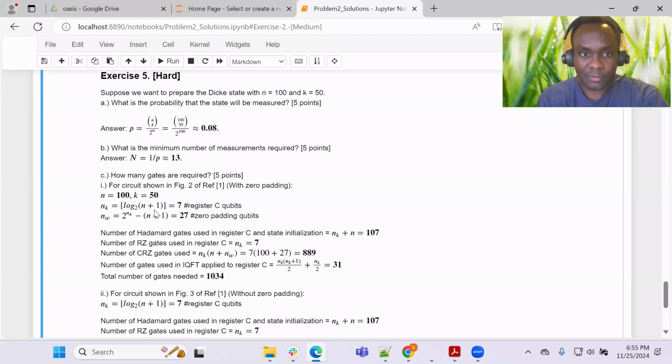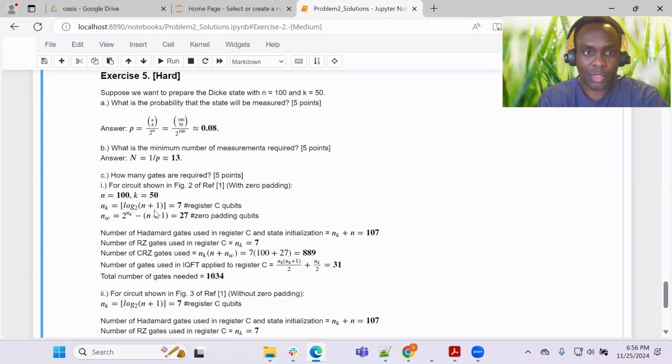So the probability of measuring decay state nk is n choose k over 2 to the n. Now, for n equal to 100 and k equal to 50, that is 100 choose 50 over 2 to the 100, which is approximately 8%, 0.08. This part was worth 5 points.